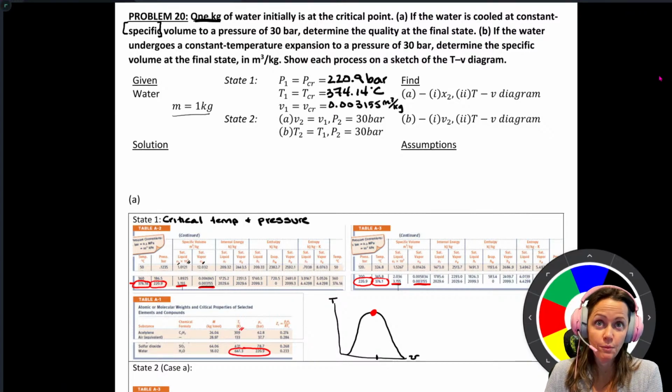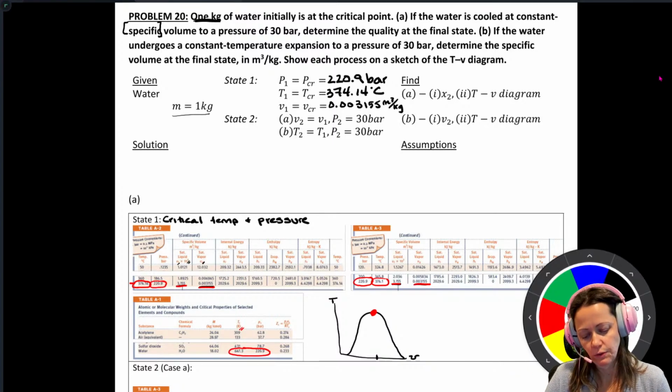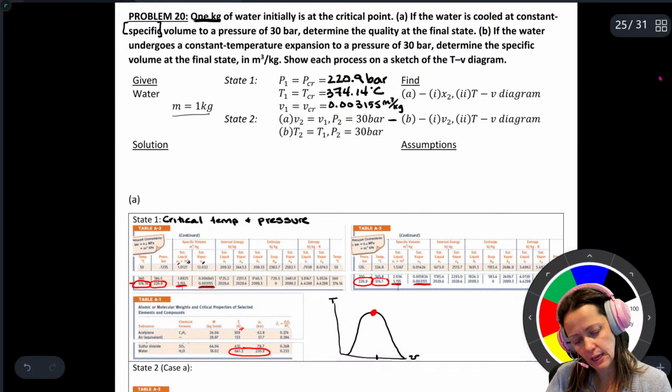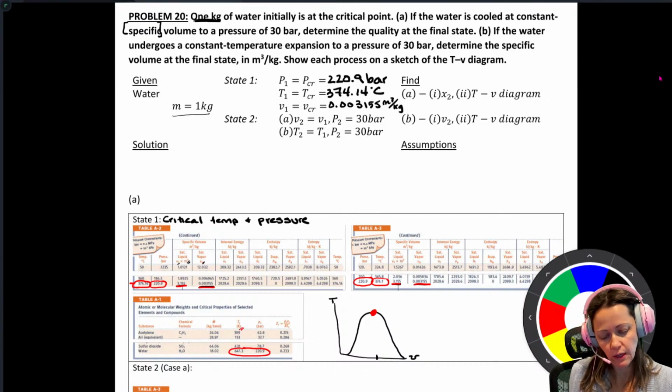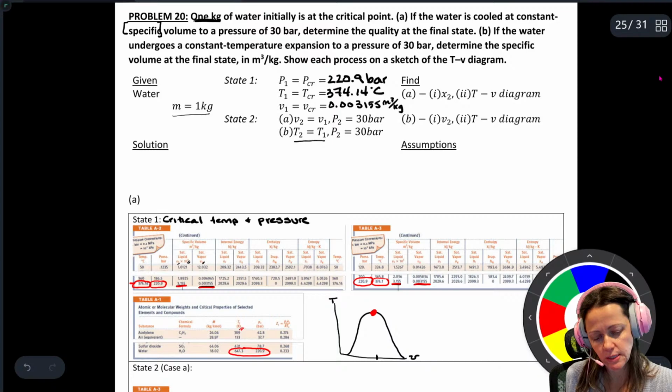So it's same mass, same volume, so it's the same specific volume, to a final pressure of 30 bar. Okay, so that's case A. We want to find the quality at the final state. And then we also want to draw it on a TV diagram. But then we also want to look at, well, what if it was a constant temperature process?